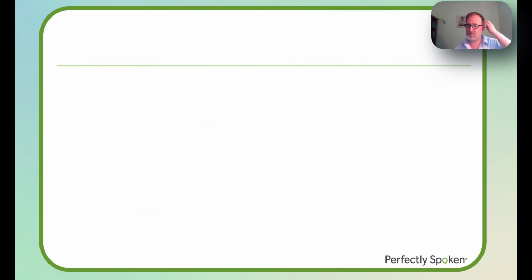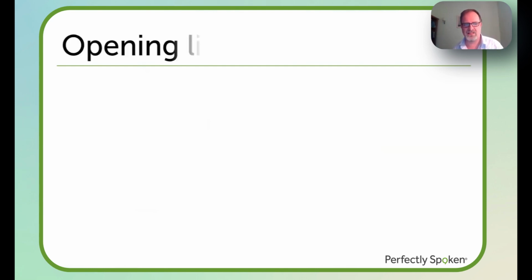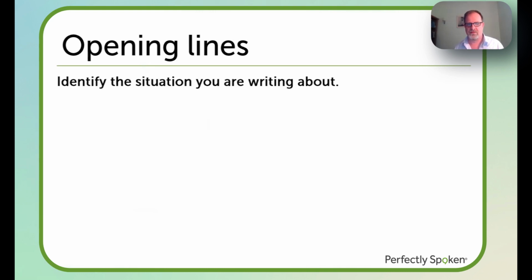Okay, so how do we start the letter? What's the kind of opening lines? Well, these are some typical ways we can start a letter of complaint. The first thing you have to do is identify what you're writing about. The person who's reading your letter, they should know right away what you're talking about.